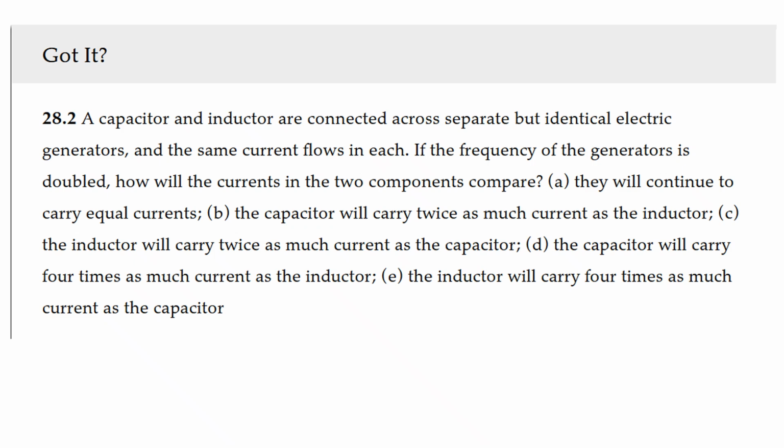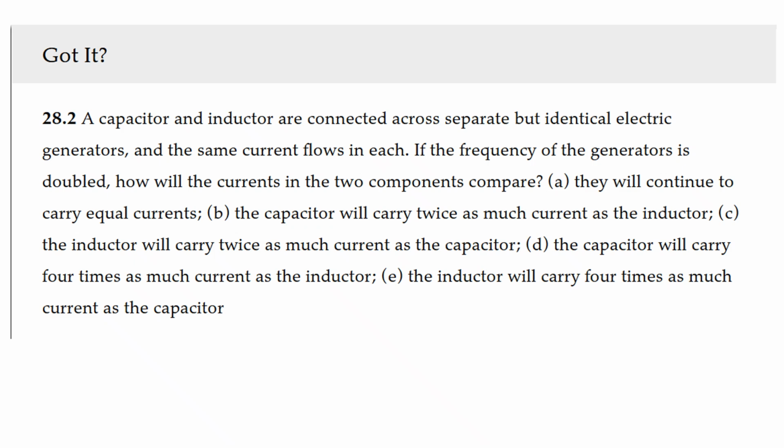All right, so we've got our capacitor circuit, our inductor circuit, same currents, and then we're going to double the frequencies. And the choices are they'll continue to carry equal currents. The capacitor will carry twice as much current as the inductor. The inductor will carry twice as much as the capacitor, or one or the other 4 times as much.